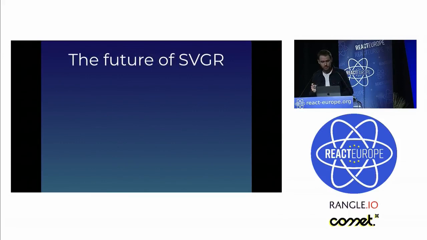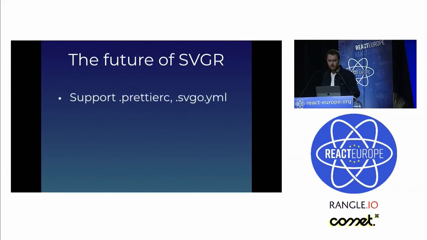And what is the future of SVGR? We want to add support for project configuration like .prettierrc or .svgrrc.yml. To be able to target TypeScript, this is not possible today, but tomorrow it will.